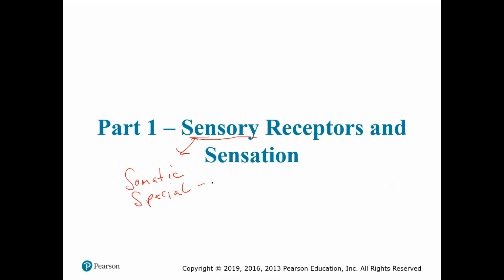Gustation means taste. Vestibular is balance. Olfaction is smell. And then you have your visceral, which comes from your organs. Visceral or viscera means your organs, right? Not your somatic. So there's a difference between somatic and visceral.